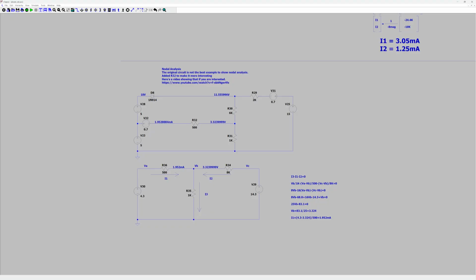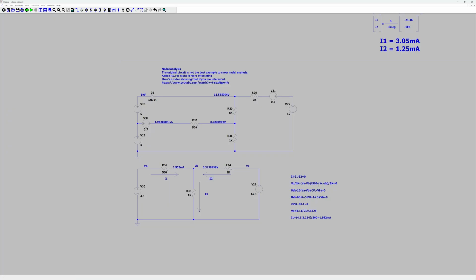So VB minus VA, VB divided by 1K is I3. VA minus VB divided by 500 is I1. VC minus VB divided by 8K is I2.